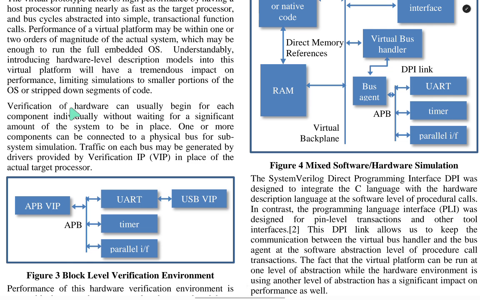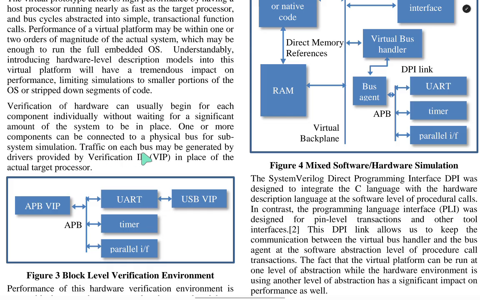Verification of hardware can usually begin for each component individually without waiting for a significant amount of the system to be in place. One or more components can be connected to a physical bus for a subsystem simulation.